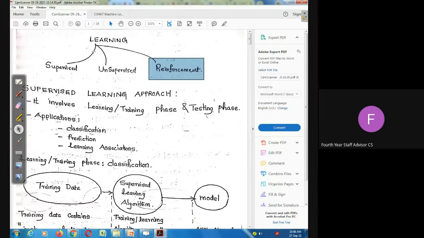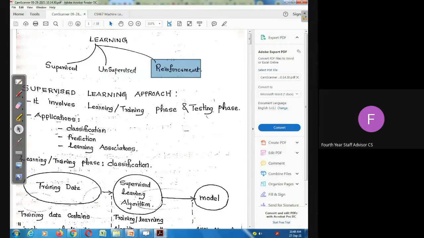So there are three types of learning in the subject of machine learning: supervised learning, unsupervised learning, and reinforcement learning.